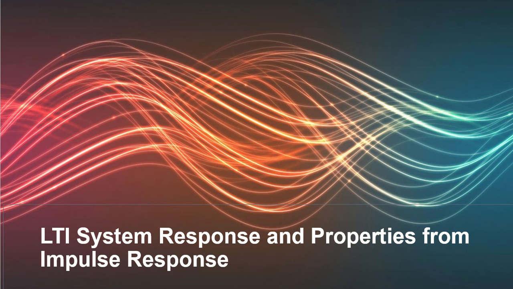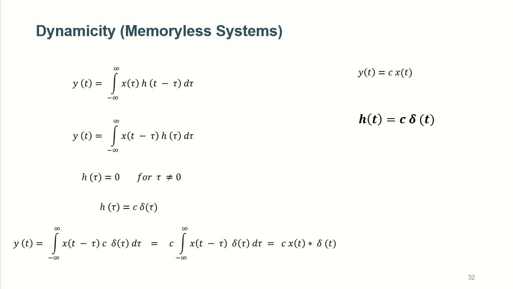Now coming to the properties of an LTI system, the first property is dynamicity, which also means a memoryless system, or a system which does not hold its memory.